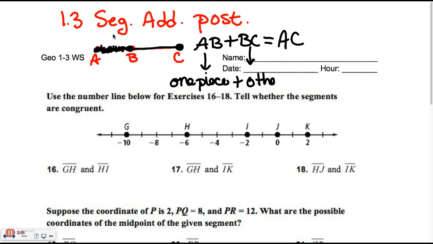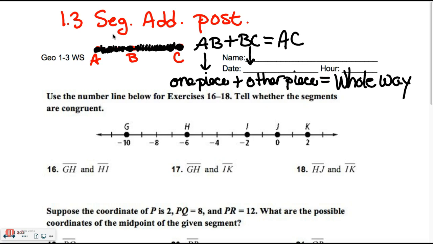So no matter what you're given, you say one piece plus the other piece is equal to the whole thing, the whole way across. When it's numbers, it's super easy, okay? When it goes algebra, it gets a little harder.